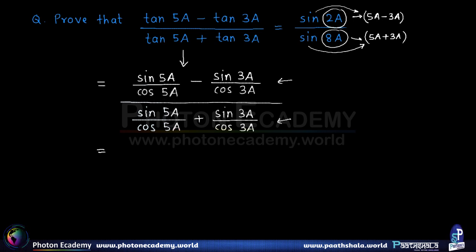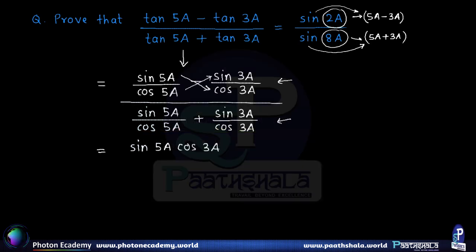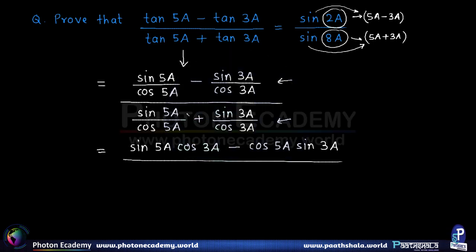So merging those and cancelling out the denominators, we have directly sine 5a cos 3a. Remember, the cross multiplication will happen in the numerator's numerator, minus cos 5a sine 3a, and in the denominator we will have once again the cross multiplication in its numerator. So that is sine 5a cos 3a plus cos 5a sine 3a.